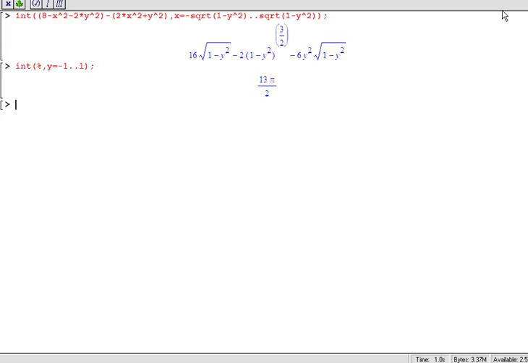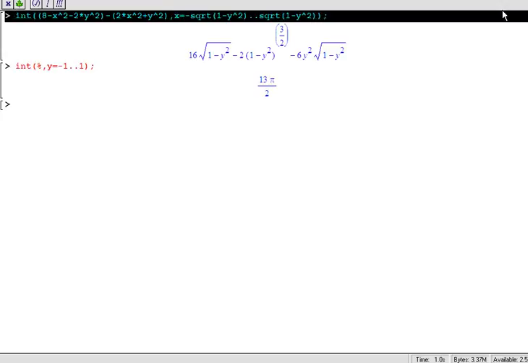I'm going to do the same thing then with respect to x first. I'm just going to reverse the order of integration.